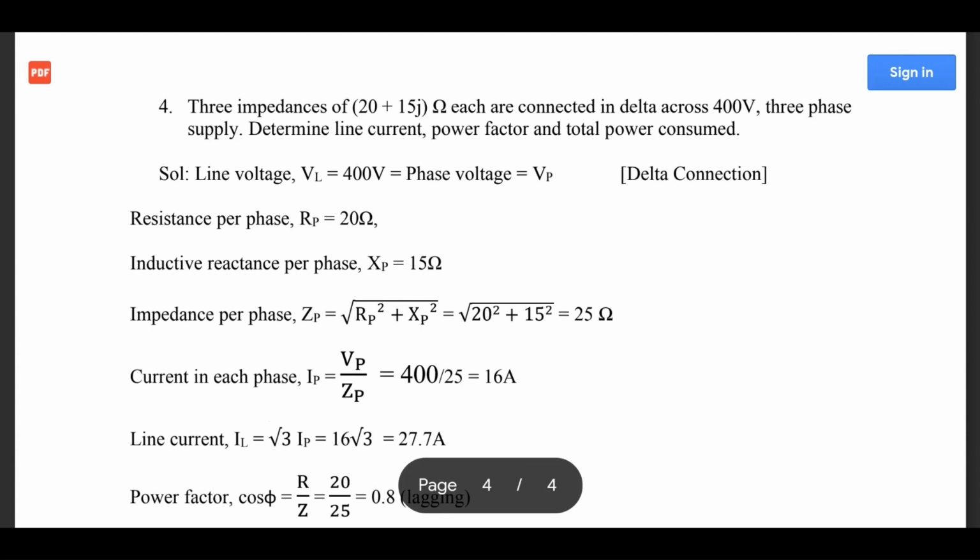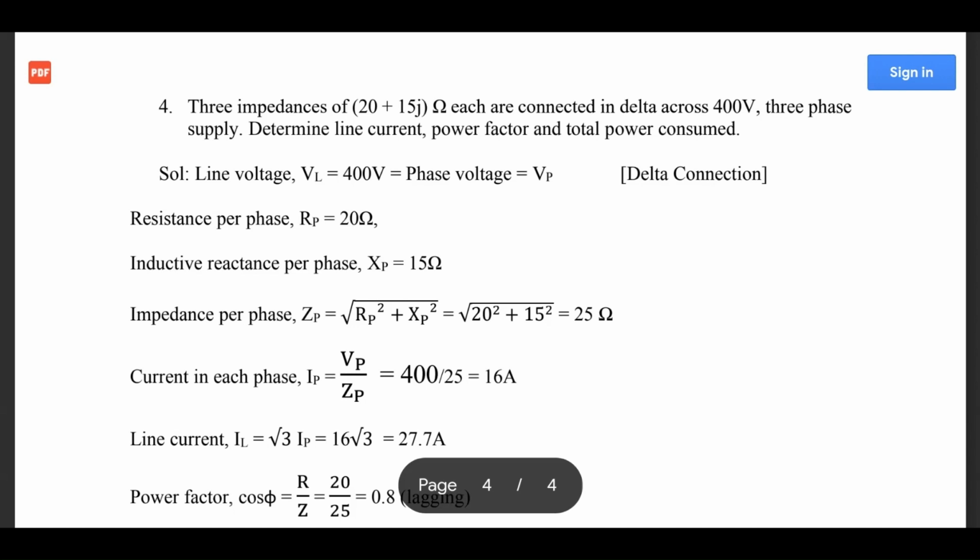In the lower classes, 11th and 12th, we learned the complex number as x plus iy, but in electrical engineering we use R plus Xj, where the j operator, or the i operator, means that i square is equal to minus 1. So it is here replaced by j, and we are required to calculate the line current, power factor, and the total power consumed.